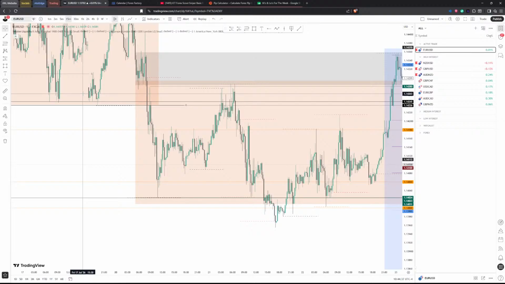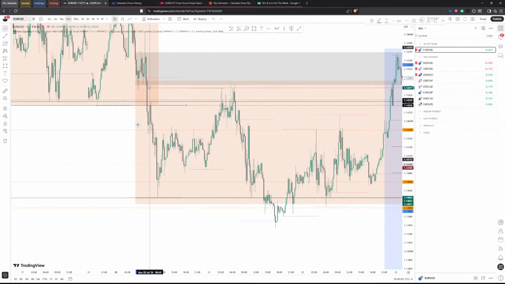Plus the order block plus fair value gap that is just above it, which is this area here. You can see the order block here, then the fair value gap. So over here, technically this one got rebalanced.